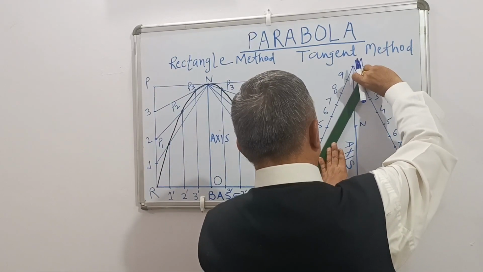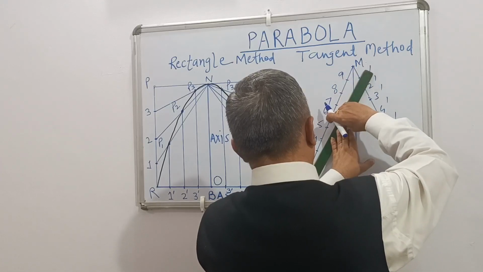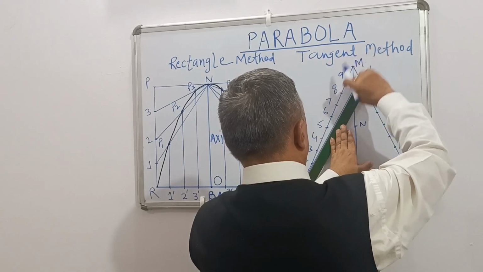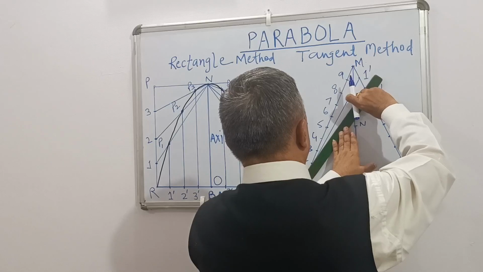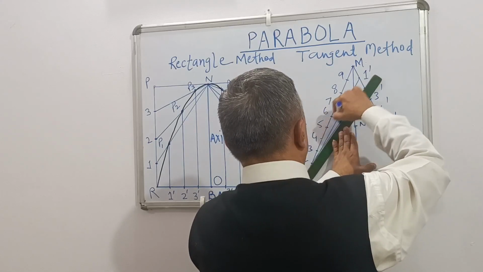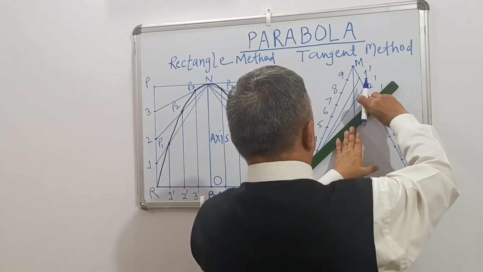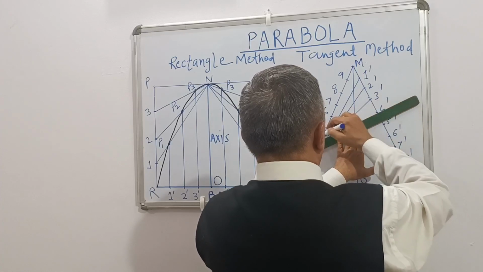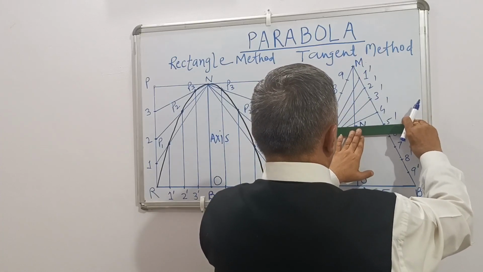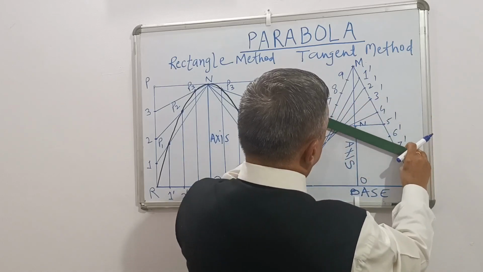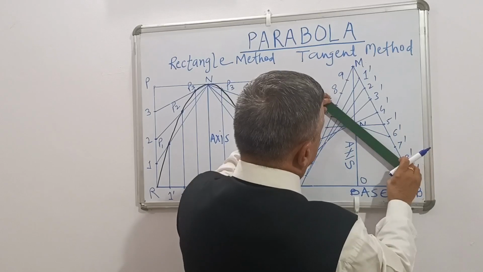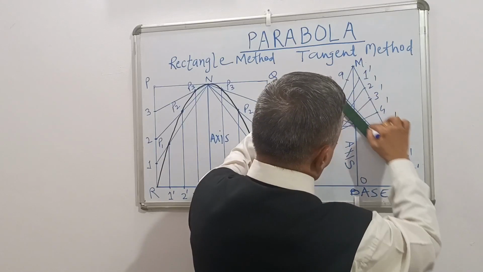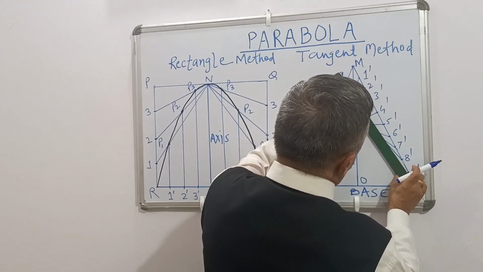Just join 1 to 1 dash, then 2 to 2 dash, 3 to 3 dash, 4 to 4 dash, 5 to 5 dash, 6 to 6 dash, 7 to 7 dash, 8 to 8 dash, 9 to 9 dash.